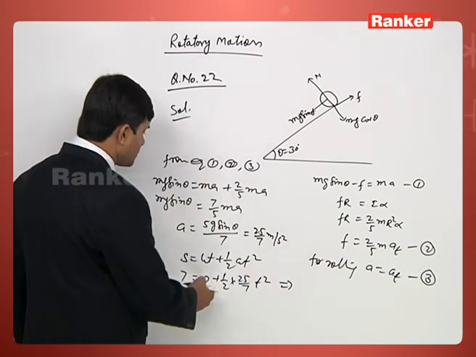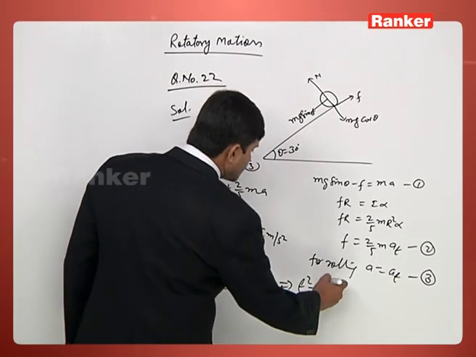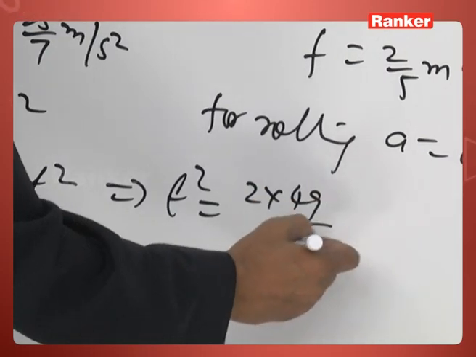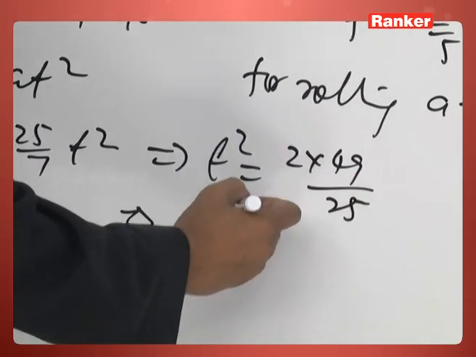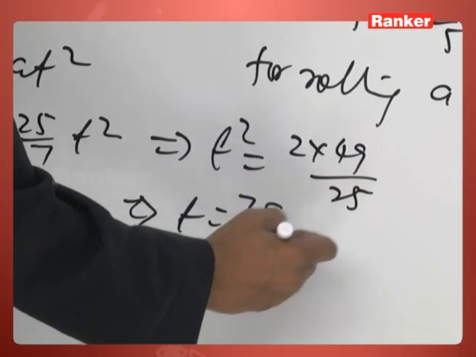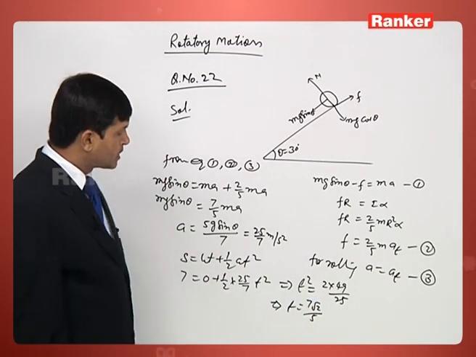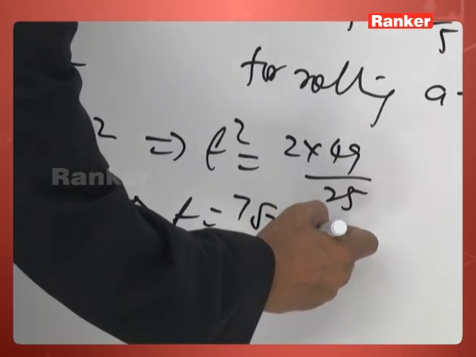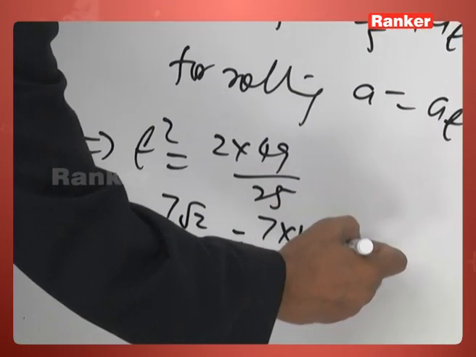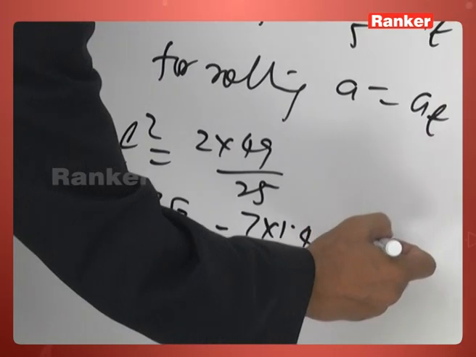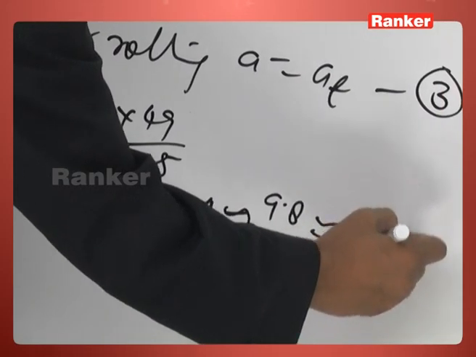So t square is 2 into 49 by 25, then t is equal to 7 root 2 by 5, and root 2 value is 1.4, so 7 into 1.4 by 5, it is around 9.8 by 5, around 2 seconds.